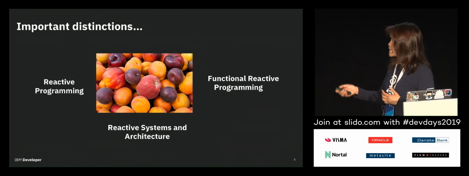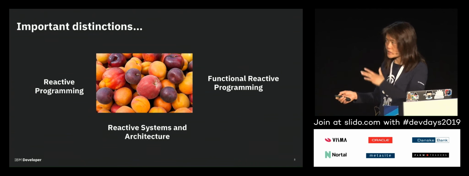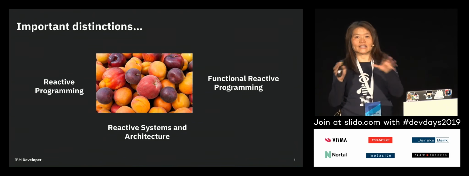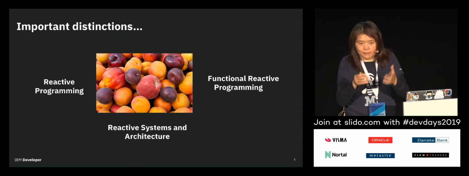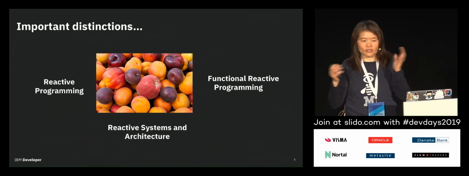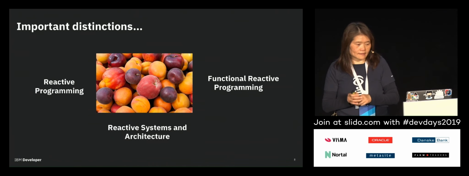So that's what reactive systems architecture is. It addresses the whole ecosystem. Whereas reactive programming handles a single component. It deals with a component, the reactive style of programming within it, and all the internal logic and managing the data.